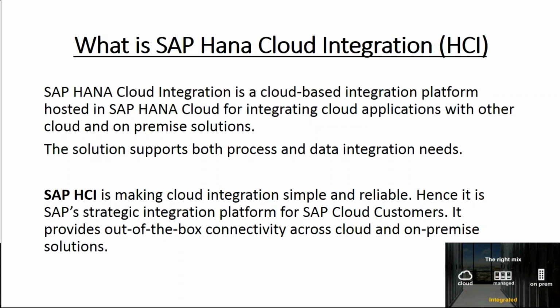Then it supports the HANA Cloud Platform Connector, or your Cloud Connector, HANA Cloud Connector. This is again a simple on-premises agent which allows secure and highly reliable connectivity between cloud apps and on-premises apps. So there we will be learning what the HANA Cloud Connector is.